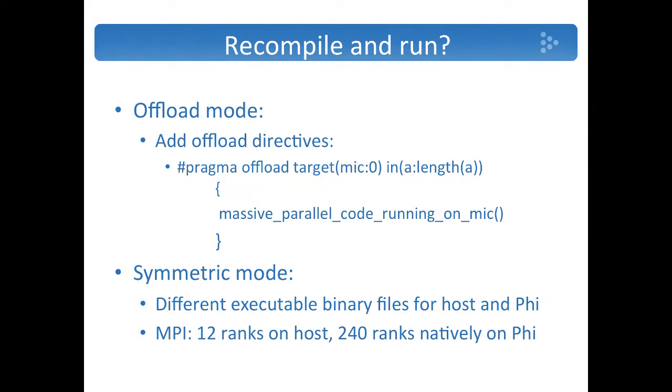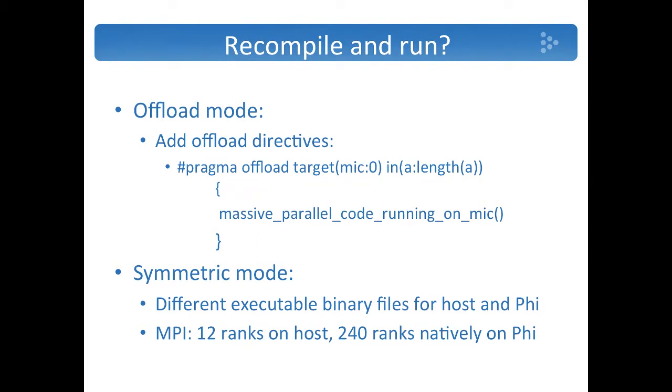So you compile two kinds of binary files, one with the -mmic flag, one without the -mmic flag. After that, you can use MPI calls, and you can allocate the jobs, allocate the MPI ranks onto different devices. For example, you can allocate 12 ranks on the host and 240 ranks on the Phi.